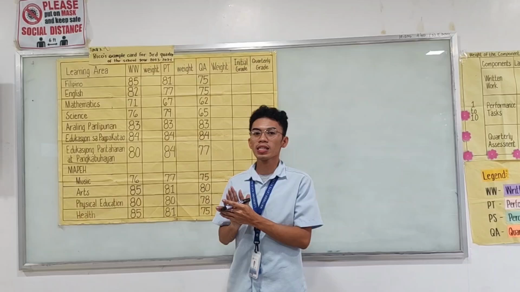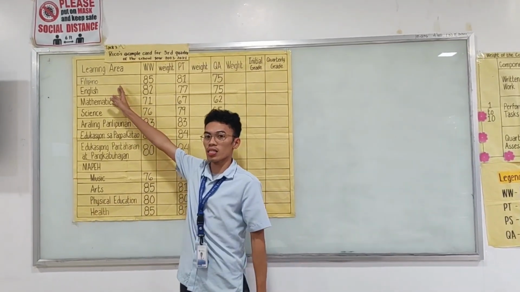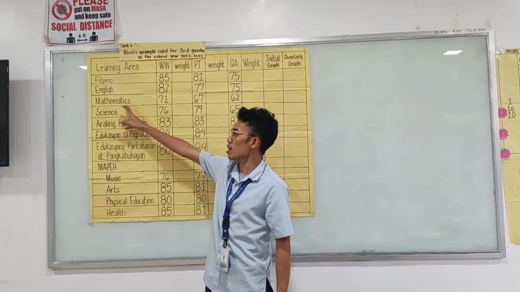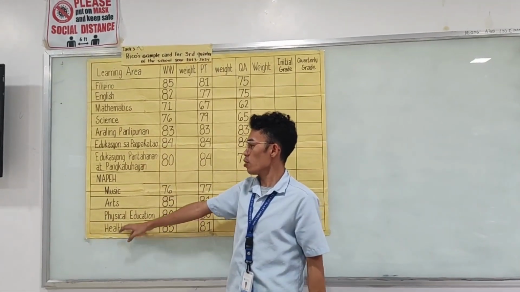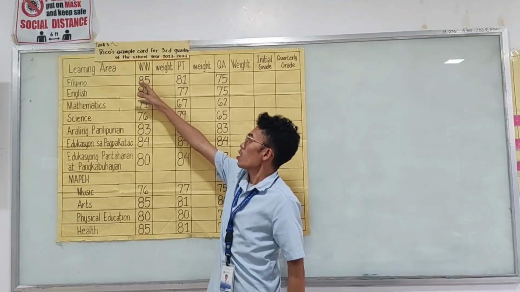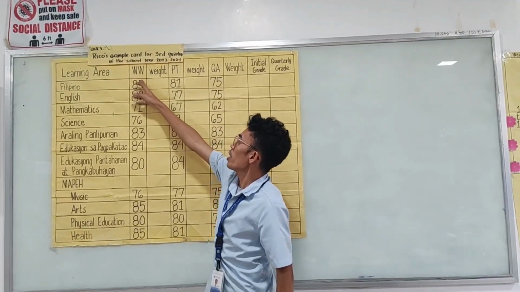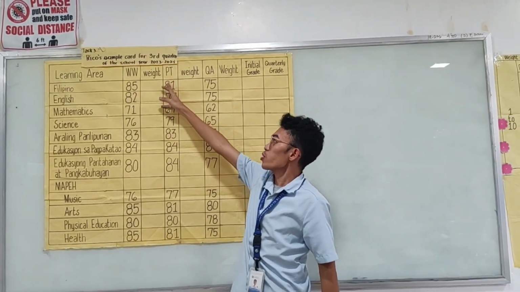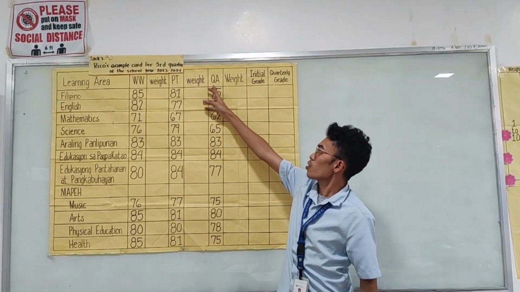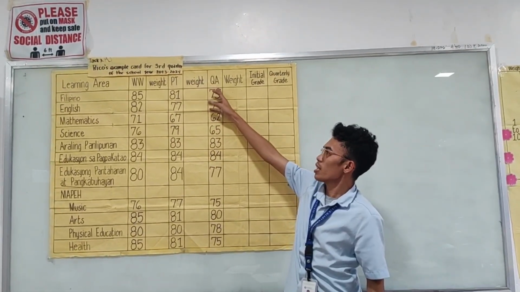So the first column in this table is the learning area, which is the subjects. The first is Filipino, English, Mathematics, Science, and up to MAPEH. And then the second column is the total score of the written work, the total score of the performance task, and the total score of the quarterly assessment.